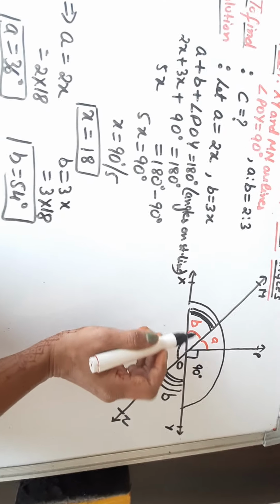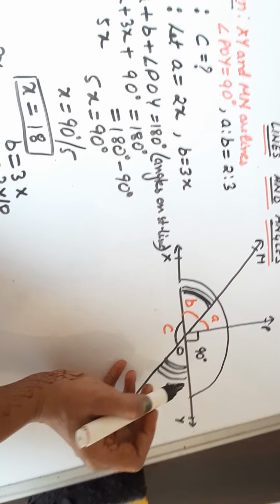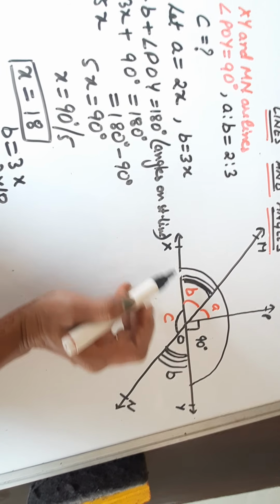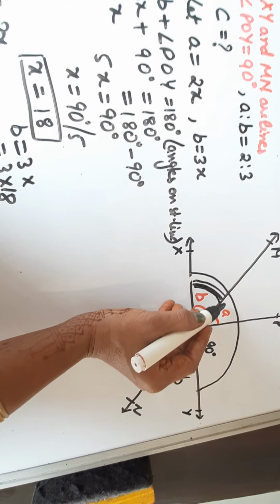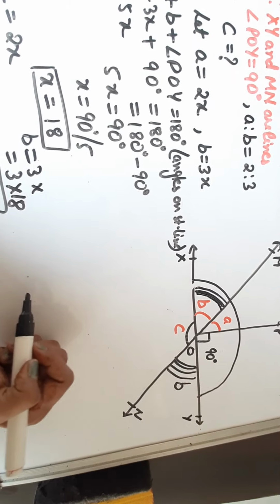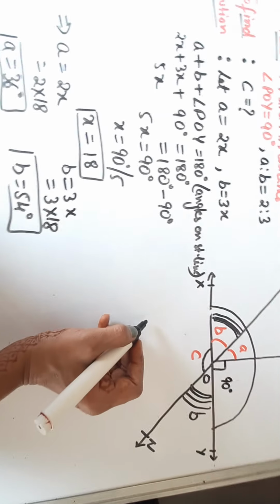Now which are vertically opposite? This angle and this angle, XOM and YON. These are vertically opposite because they are formed by the intersecting lines. So these two will be equal. This is B, this is B by vertically opposite.